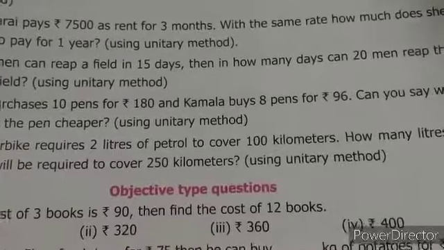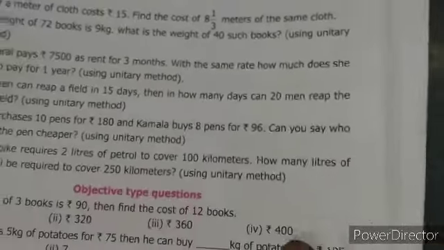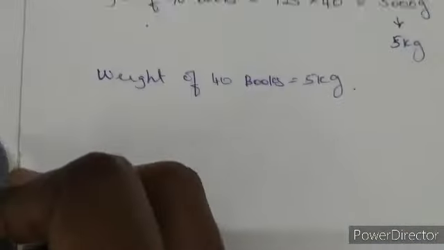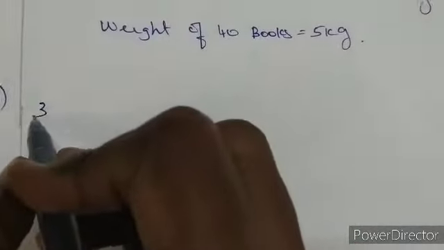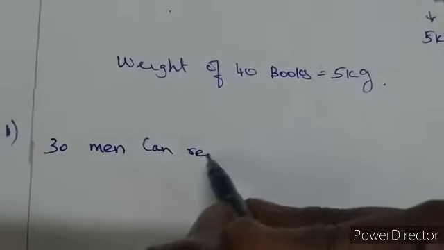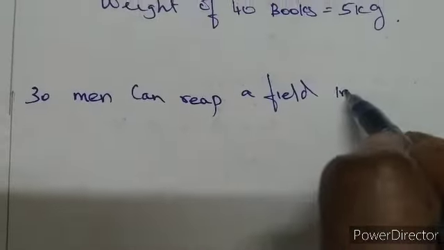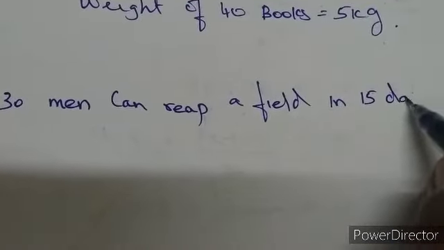So we have to find, question number 11. 30 men can reap a field in 15 days.